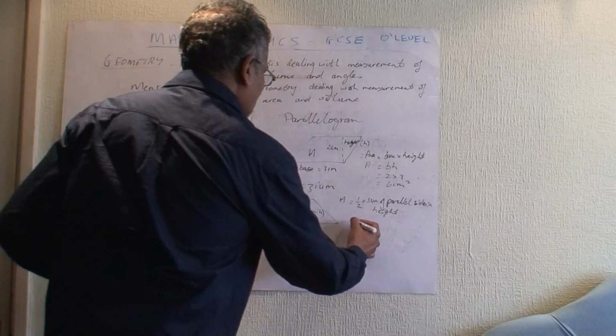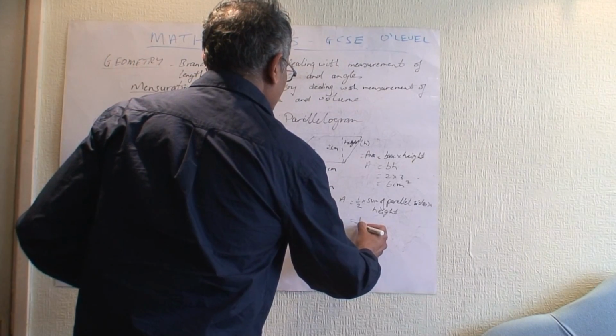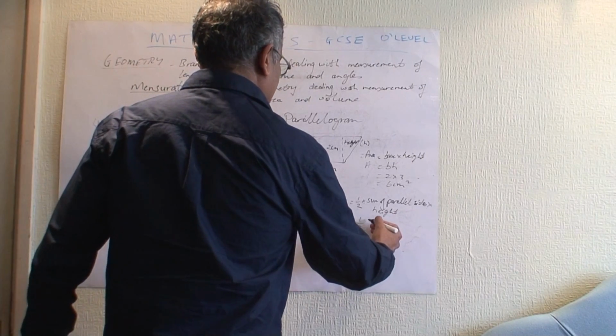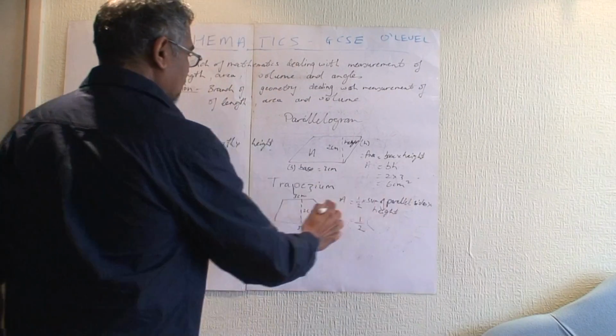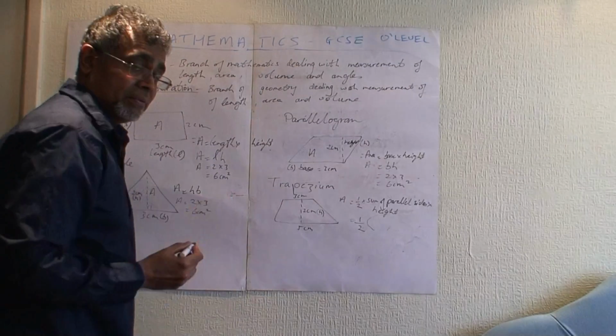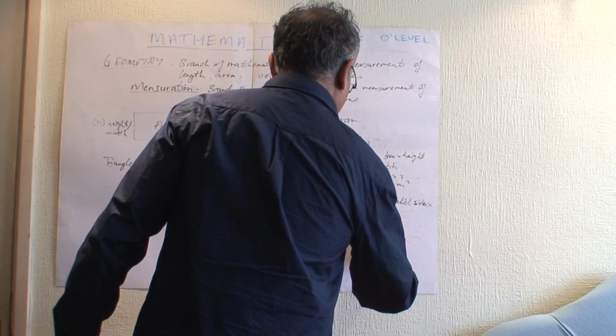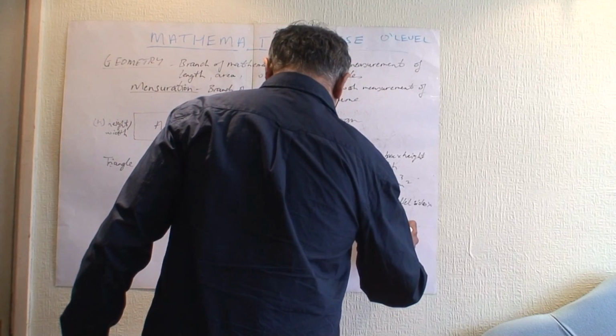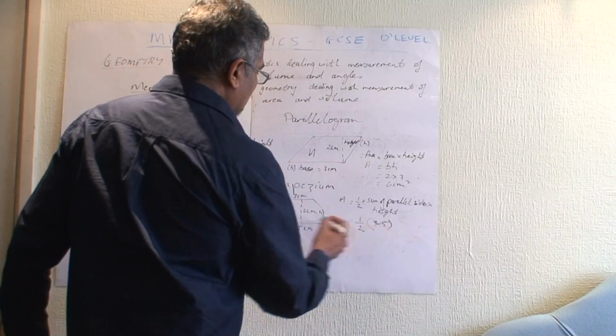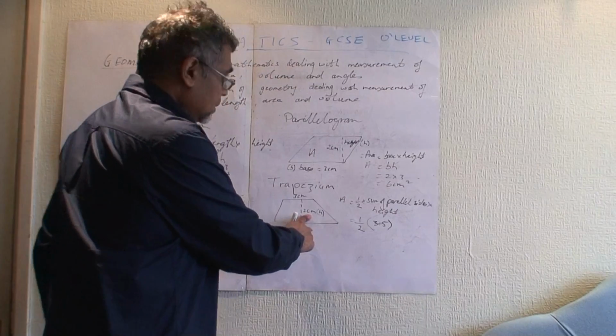So now we take the half, and multiply by the sum of the parallel sides, which is 3 plus 5, and then multiply by the height, which is 2 centimeters.